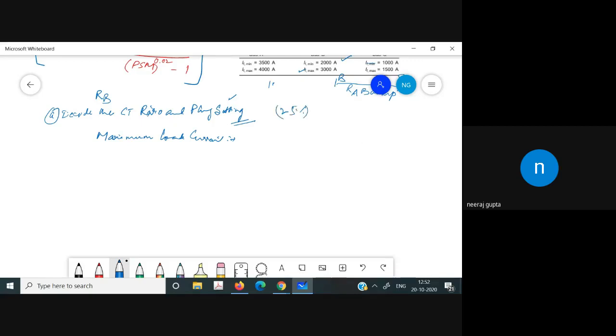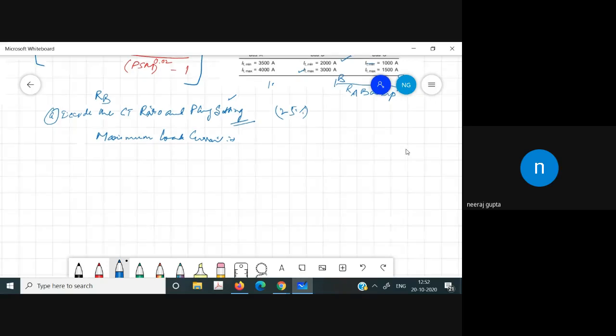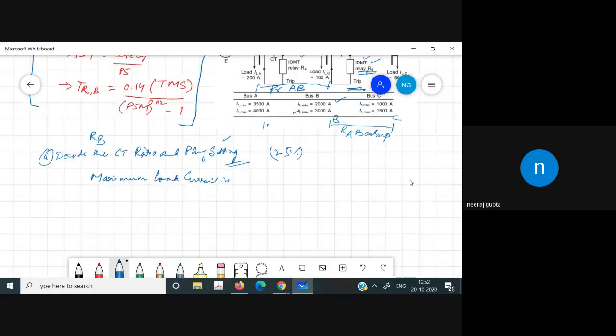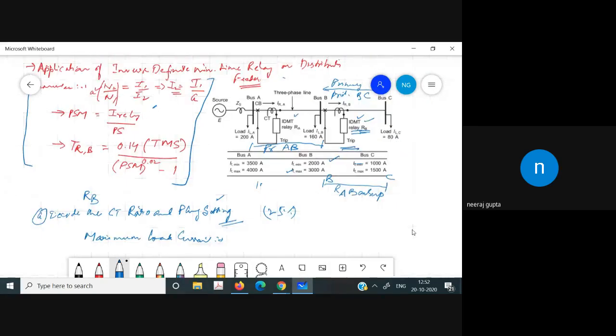Now, at relay B, what is the load current? In this case, the load current is 80 amperes.